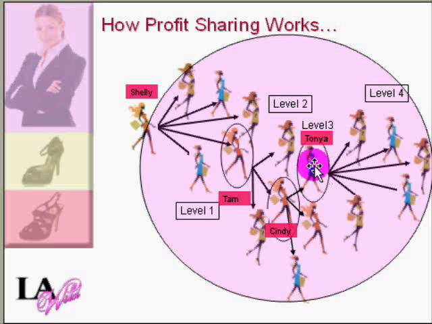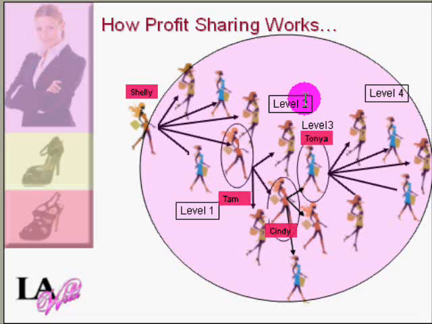Now in level 4, let's say Tanya has a great experience on the site. She enjoys her shoes. She's having a great time. She's getting on-time delivery. She got a Halloween costume as well. She had a blast on Halloween. She comes back after Halloween and she says, "I've got to get involved with this." Now Tanya sends out a Facebook invite to a number of her friends, and of her friends, she gets 5 people who sign up on the site under her membership.